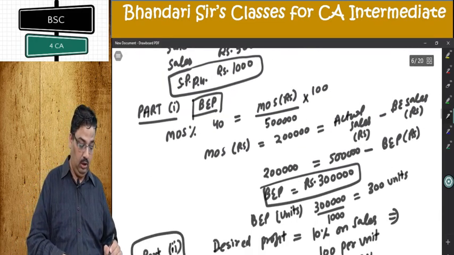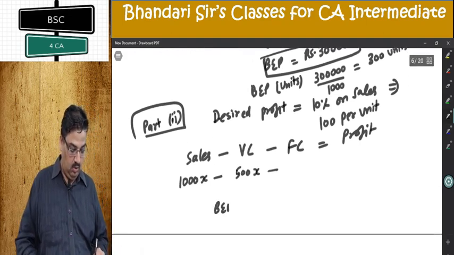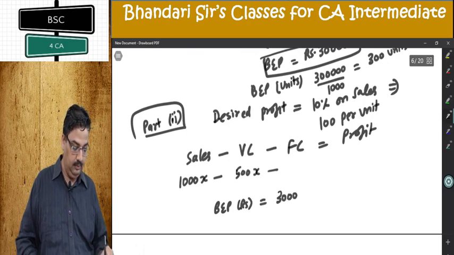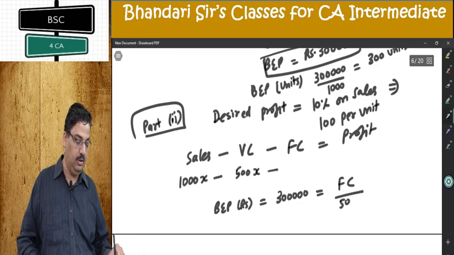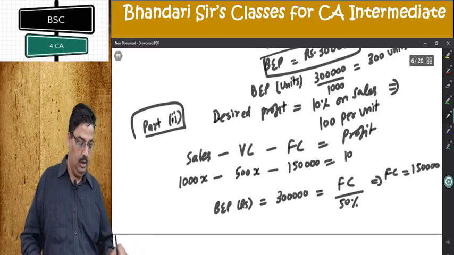Fixed cost we have not computed so far. So let us compute fixed cost. Break-even point in rupees 3 lakh is equal to fixed cost divided by 50% PV ratio. Fixed cost is 1,50,000. Should be equal to profit 100X.